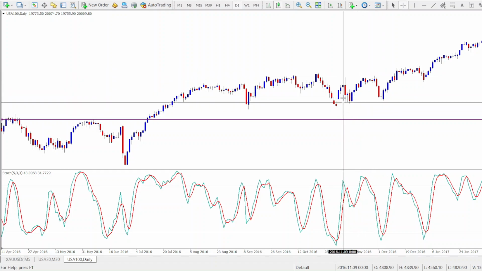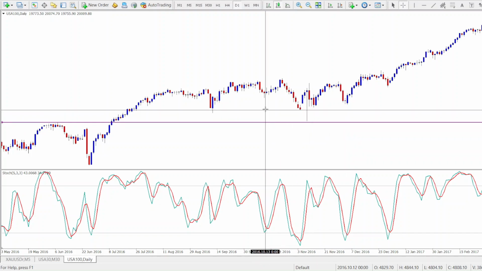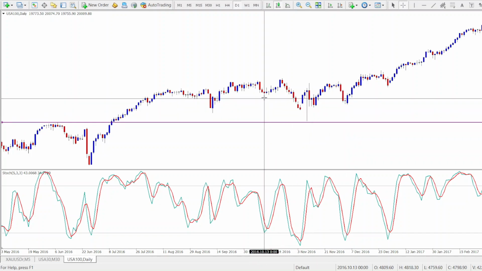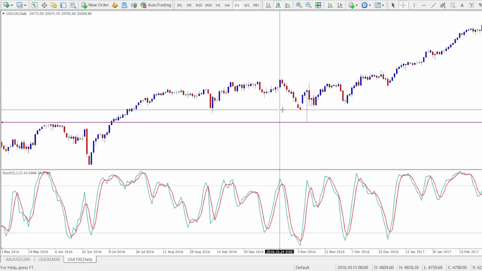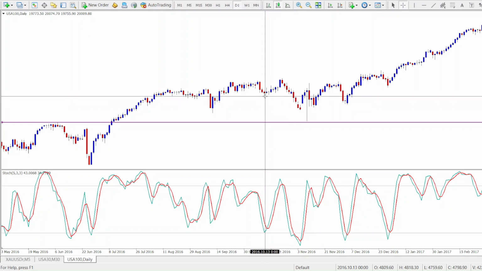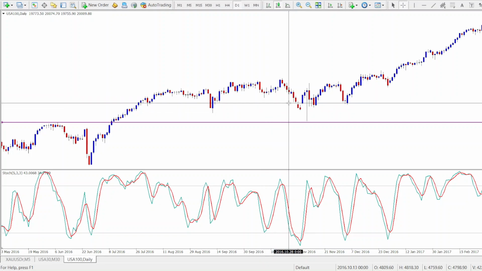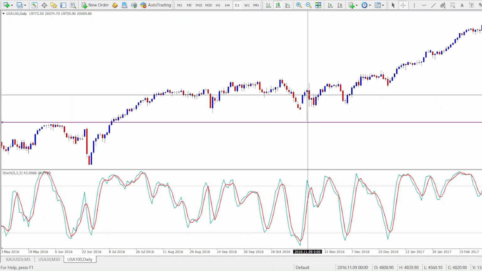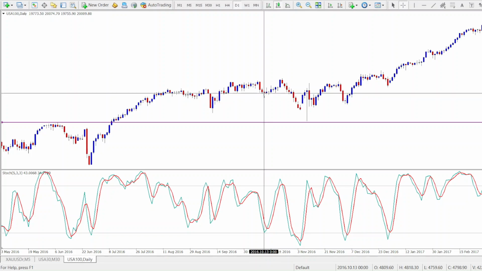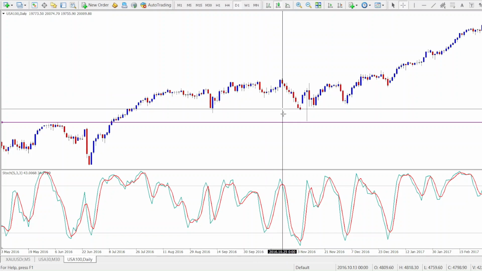This is another hammer candlestick pattern here. It doesn't matter the color of the candle. It could be a bearish color, or it could be a bullish color. What matters is that there is a long wick below, and then the small body is above.